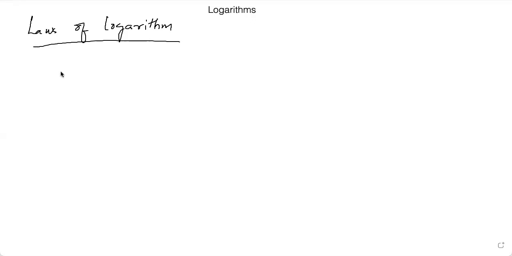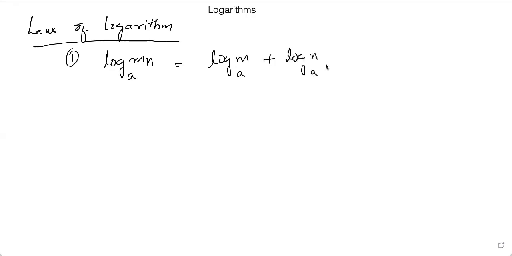So let us see the first law. Log mn to the base a, okay, which is equal to log m to the base a plus log n to the base a.